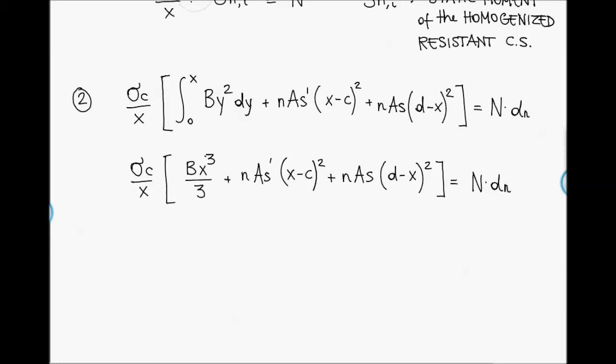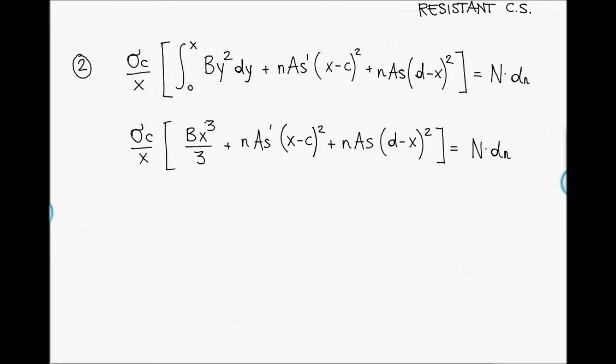Well, the term in the big parentheses is the moment of inertia of the homogenized resistant cross-section. We recognize it since we have already defined it for a rectangular cross-section subjected to flexure. So we have sigma c over x that multiplies Jni equal to N dN.